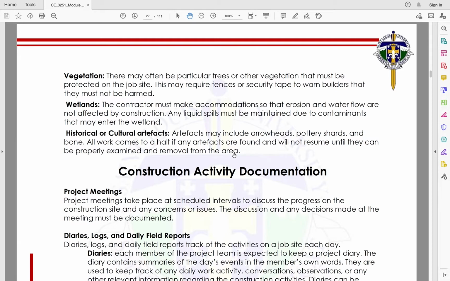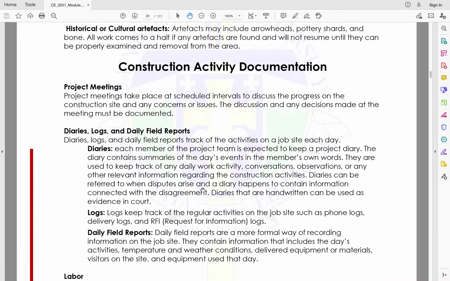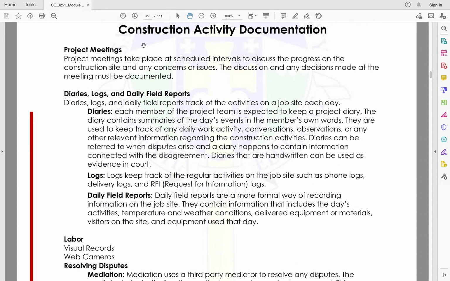Okay? So, construction activity and documentation. So, first, kailangan i-document our project meetings. So, project meetings take place at scheduled intervals to discuss the progress on the construction site and if there are any concerns or issues.